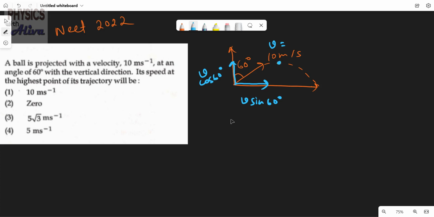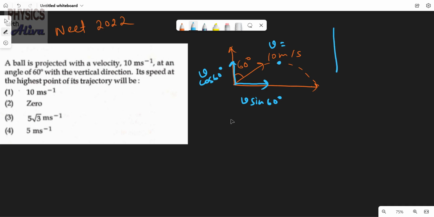And at the highest position there will be no vertical component of the velocity, right? Why is there no vertical component of the velocity? If there is some vertical component of velocity, then the particle will go upward.